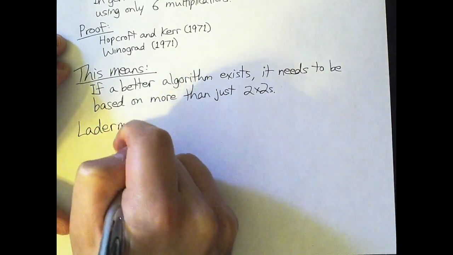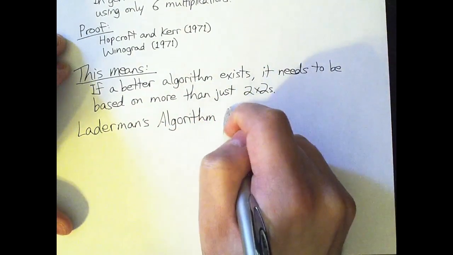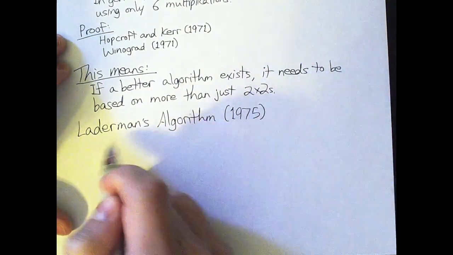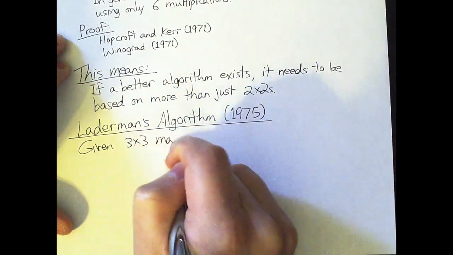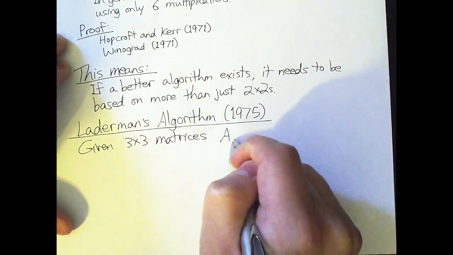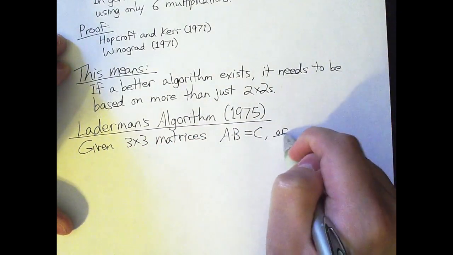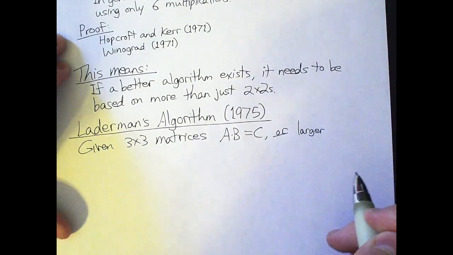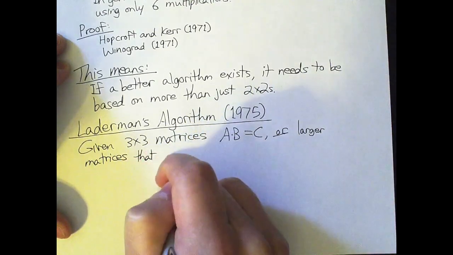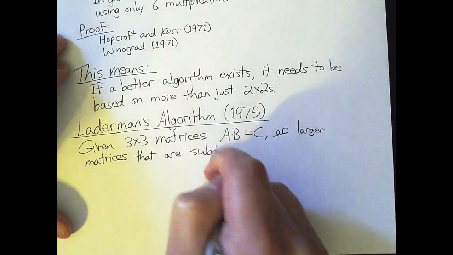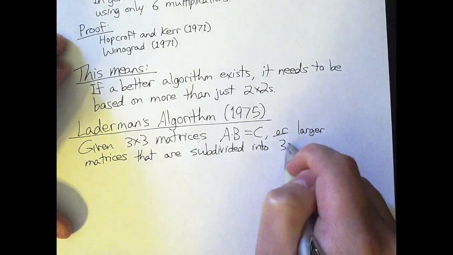And is it more efficient? Laderman's algorithm from 1975. If you're given 3x3 matrices, A times B equals C, or larger matrices that are subdivided into 3x3 blocks.